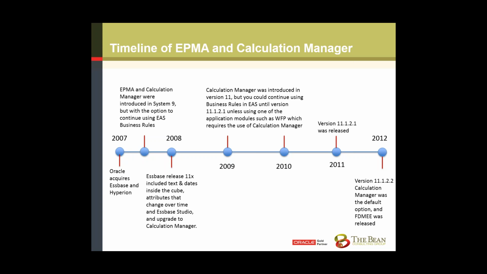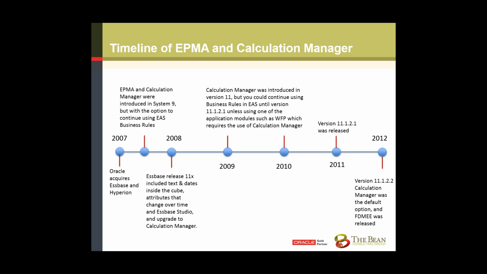If you were using one of the modules like Workforce Planning, for example, you were forced to use the new Calc Manager up until version 11.1.2.1. Version 11.1.2.1 was released in 2011, and that was when you were forced into Calc Manager. And then with version 11.1.2.2 that came out in 2012, the EAS Business Rules were completely removed, and FDMEE, which we won't talk about here today, was released in the same version as well.